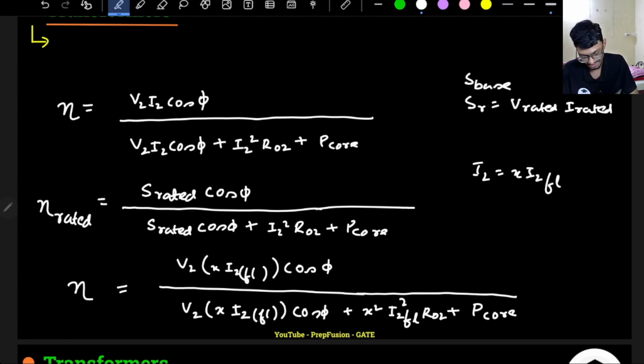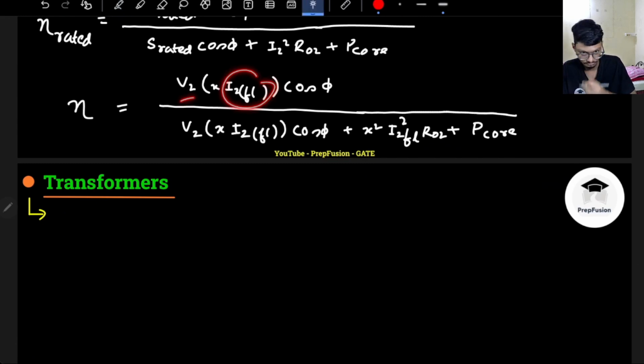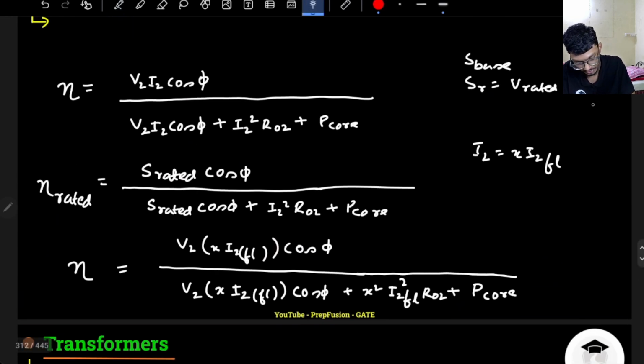So this can be rewritten actually. V2 into I2 FL, what is that? Basically V2 rated into I2 rated at full load. V2 voltage will always be rated, into I rated. So basically it is the S rated.